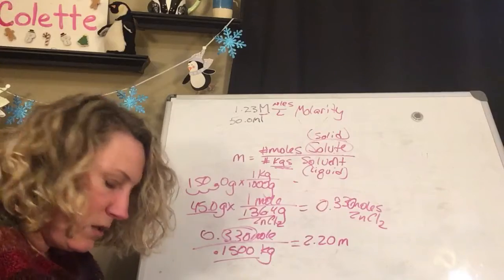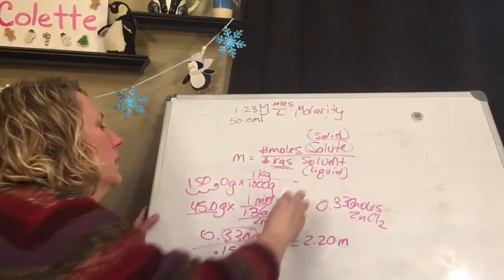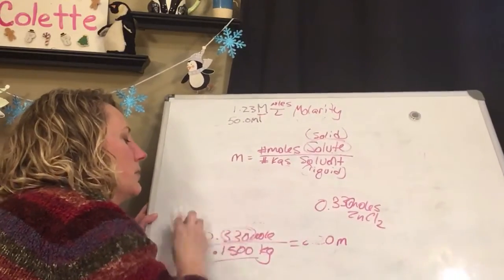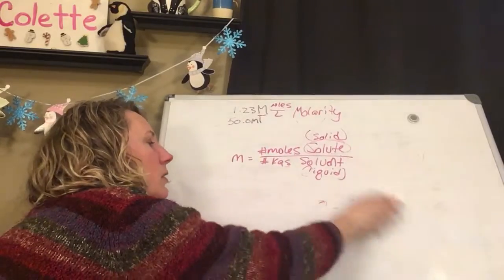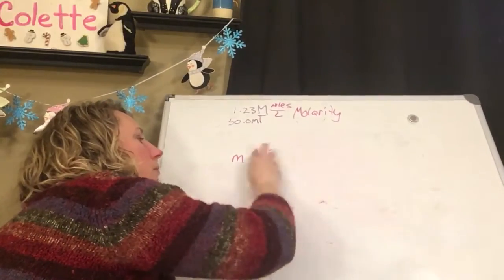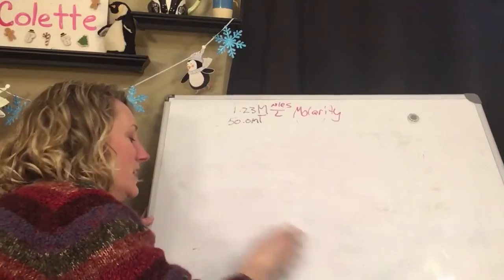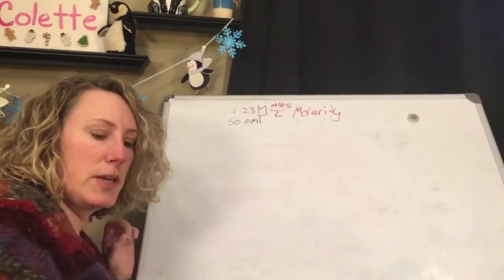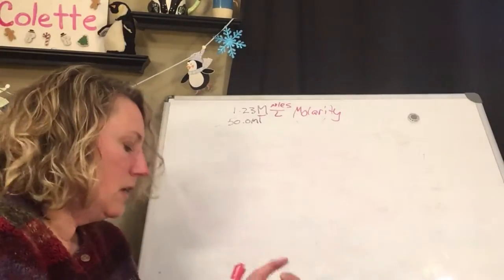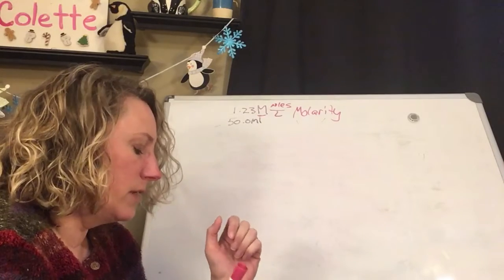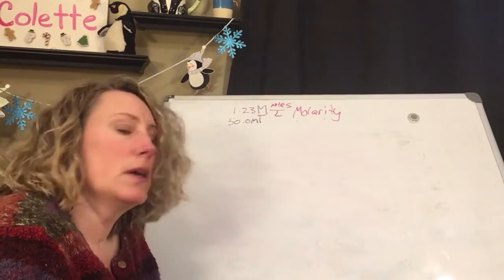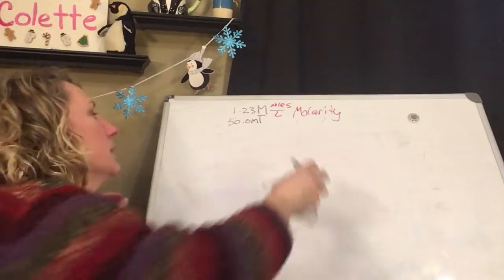All right. So the biggest part of this chapter is going to be boiling point elevation and freezing point depression. We kind of touched on this last week, where we talked about when things are dissolved into solution, how many pieces they break into.